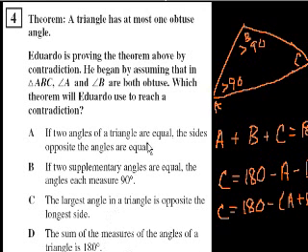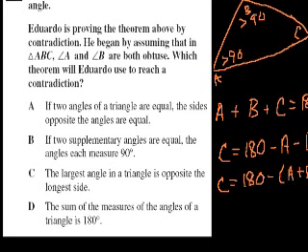Now, let me ask you a question. If we assume from the get-go, as Eduardo did, that both A and B are greater than 90 degrees, what's A plus B going to be at least greater than? If this is greater than 90 and that's greater than 90, then A plus B is greater than 90 plus 90, so it has to be greater than 180.